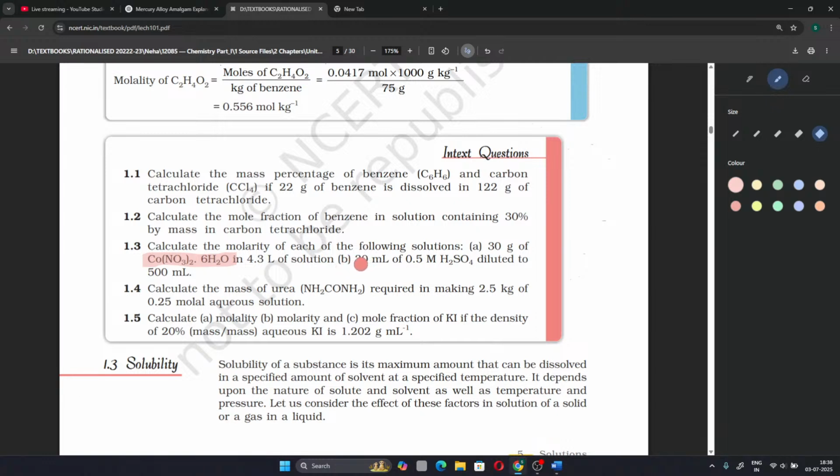Now the second one: molarity of 30 ml of 0.5 molar H2SO4 diluted to 500 ml.